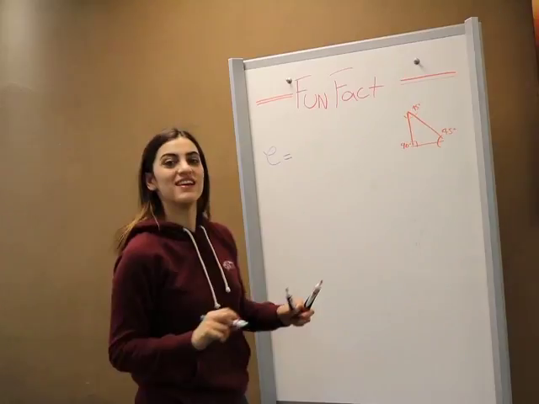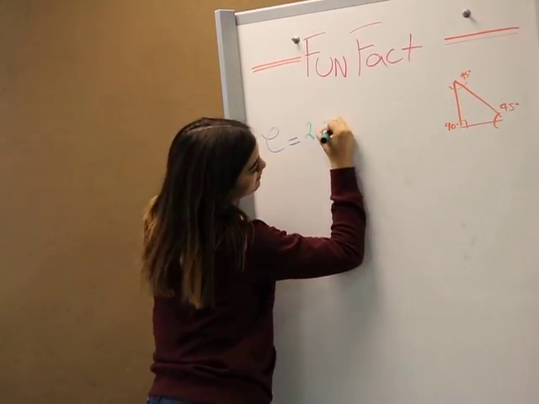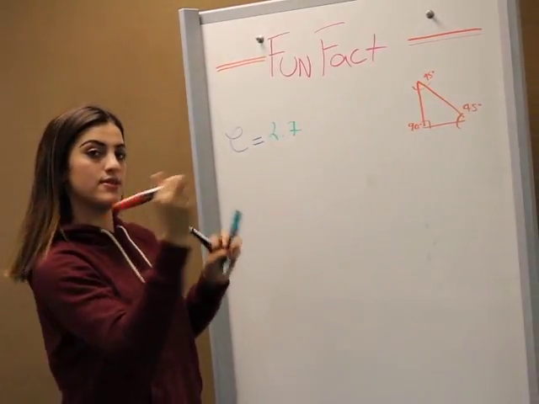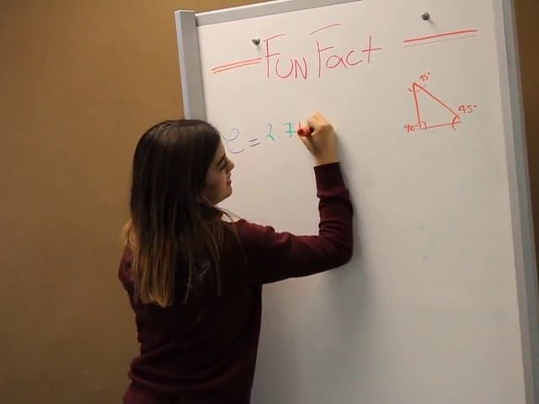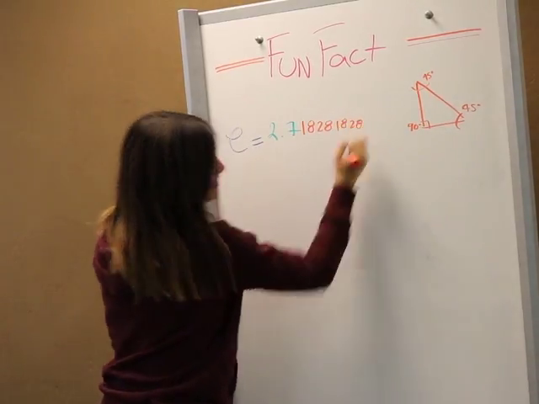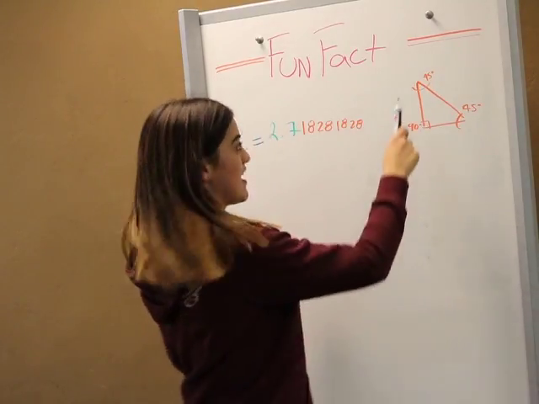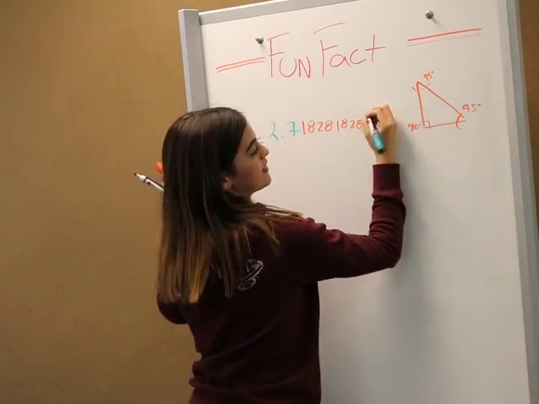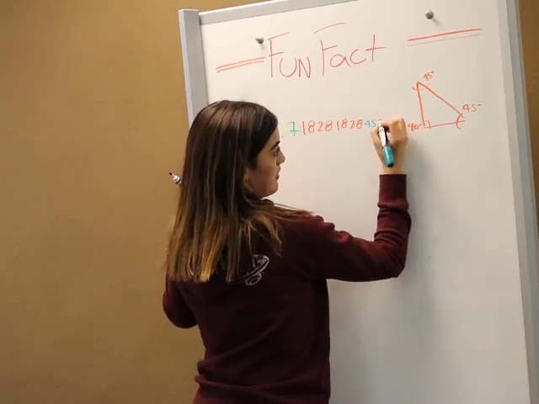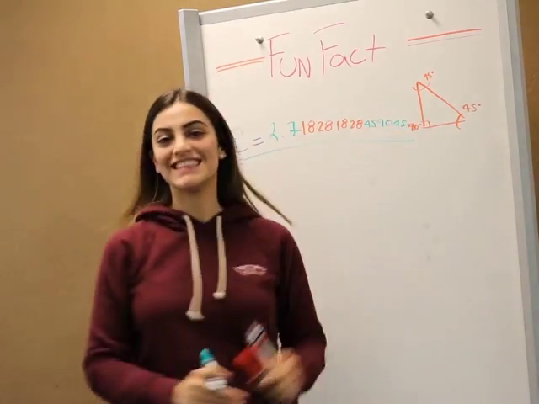Fun fact. A trick to memorize E is to just remember 2.7 and afterwards notice that 1828 will appear twice. And then you just have to put the most important angles and triangles as it will appear in this order. For example, 45.